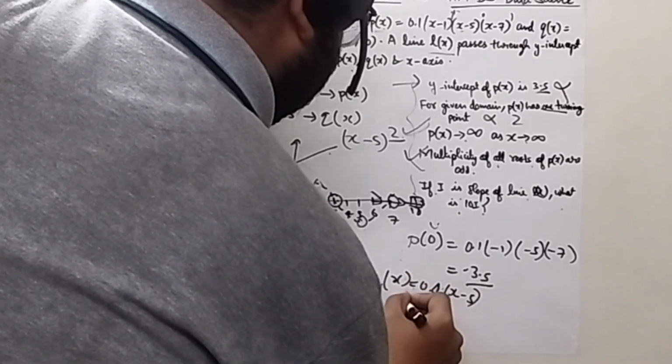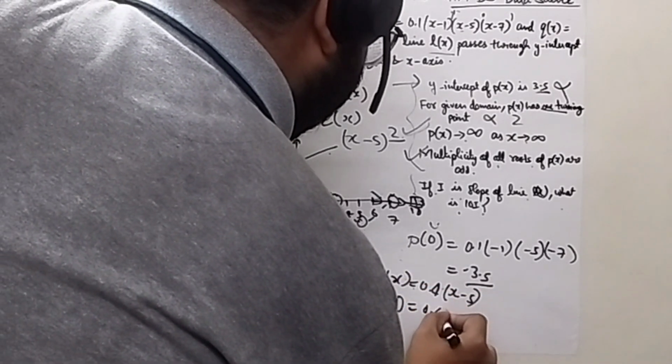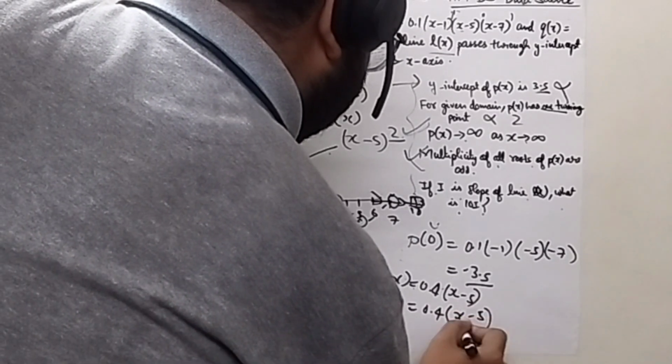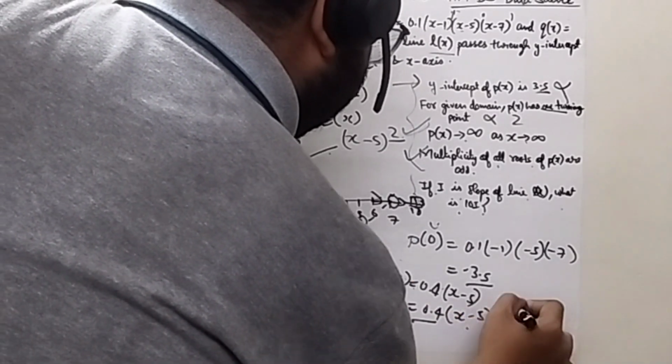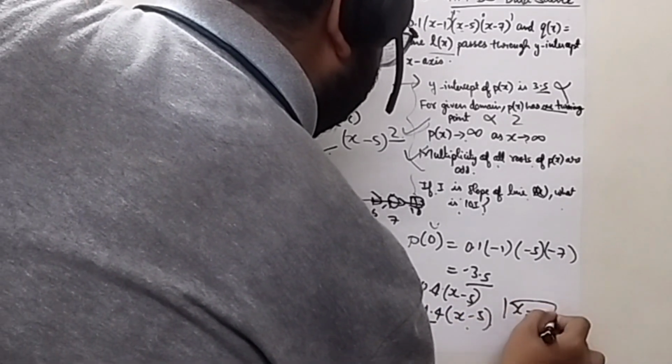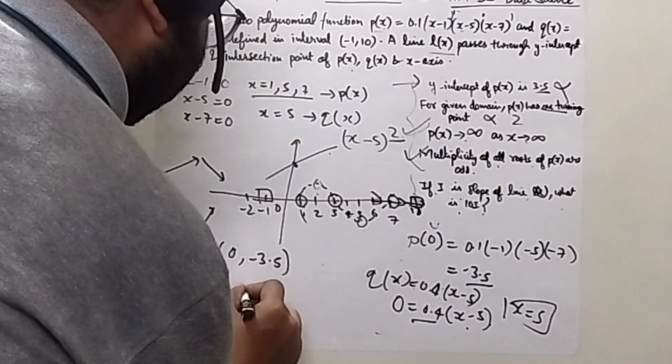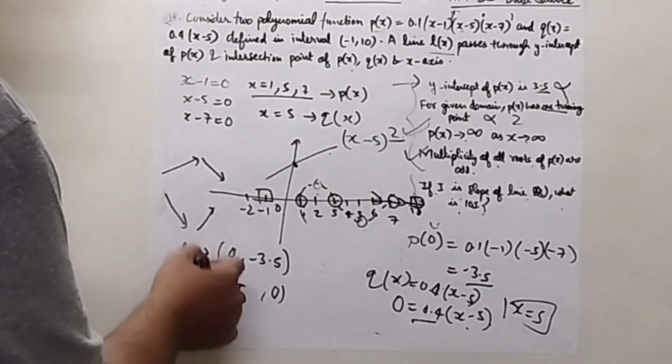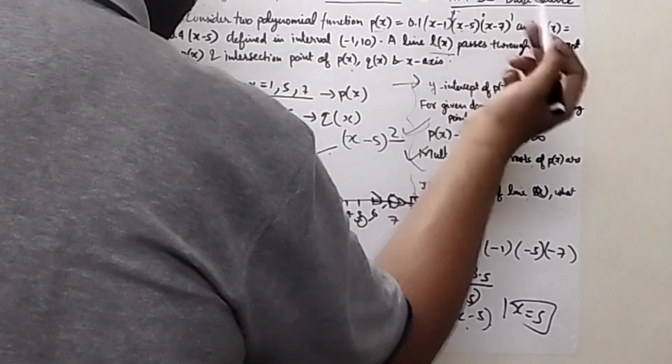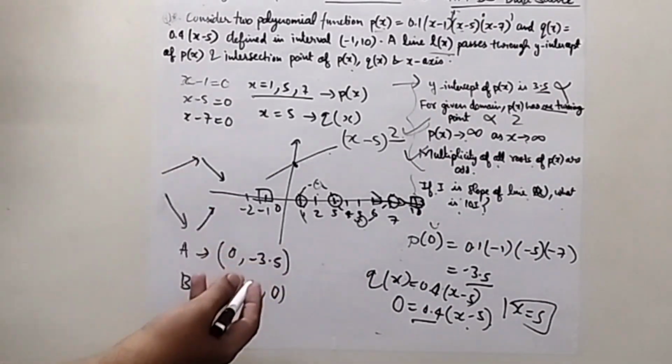Since it is 0, we can equate it to 0, and the first factor cannot be 0, so x equals 5. So we get another point, it is 5, 0. So we get the 2 points of L of x, and we can simply calculate the slope now.